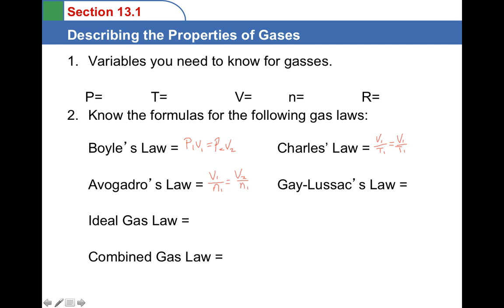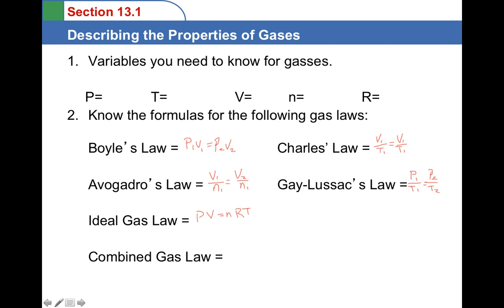Gay-Lussac's law is about pressure and temperature. So P1 over T1 being equal to P2 over T2. The ideal gas law is known as PIVNERT. This is PV is equal to nRT.